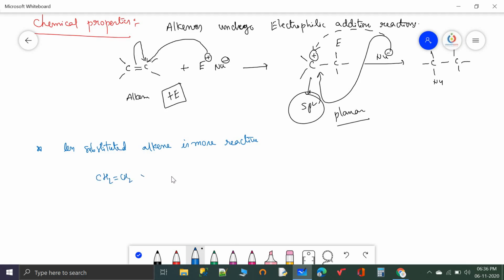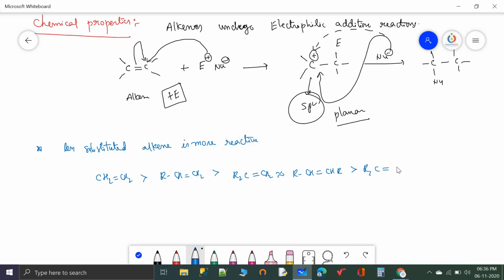CH2=CH2 is more reactive than RCH=CH2, which is more reactive than R2C=CH2, which is more reactive than, actually this is nearly equal, yesterday I also corrected it, RCH=CHR, because there are 2 alkyl groups in both cases.